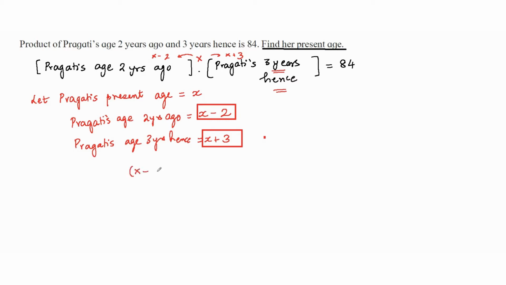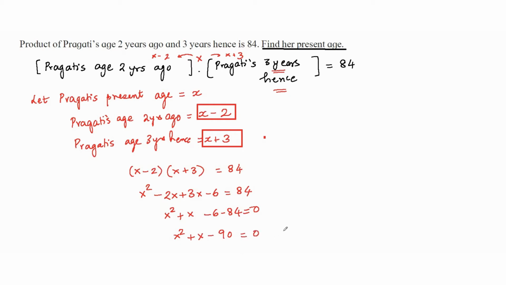That is x minus 2 multiplied by x plus 3 is equal to 84. And opening up the brackets, I get x square minus 2x plus 3x minus 6 is equal to 84, which means x square plus x minus 6 minus 84 equals 0, or x square plus x minus 90 is equal to 0.